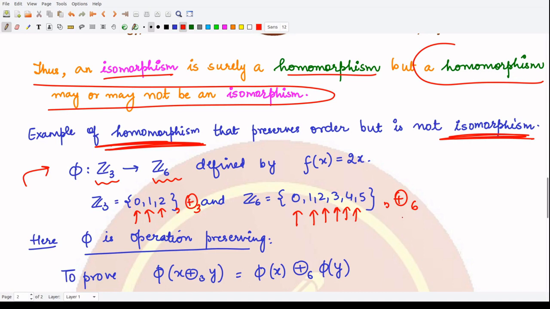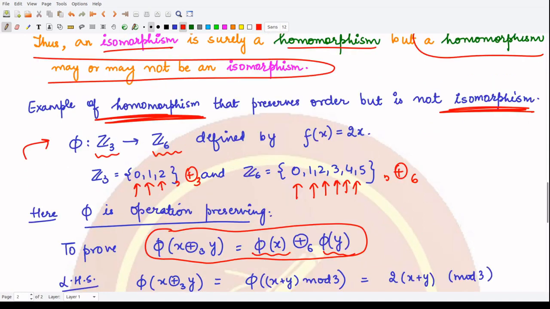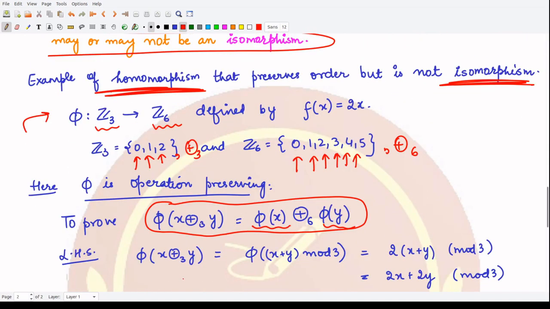Now we say phi is operation preserving. So we have to prove that phi of x addition modulo 3 with y is equal to phi of x addition modulo 6 with phi of y. Let's take the left hand side first. To solve phi of x addition modulo 3 of y, you first add x and y and then take its mod 3.